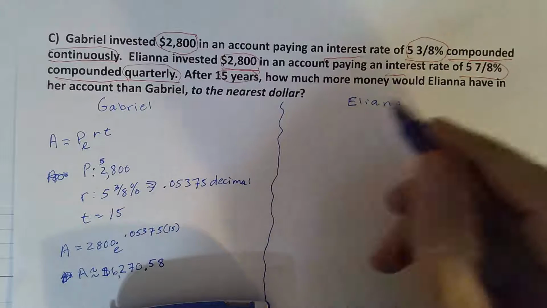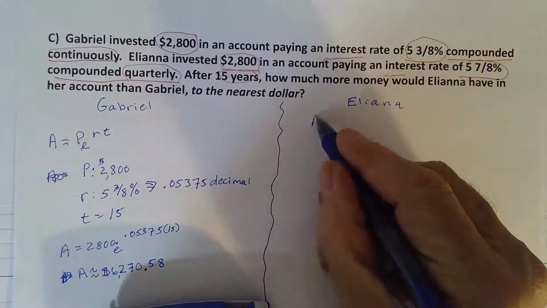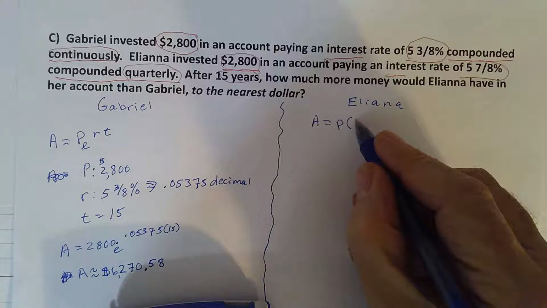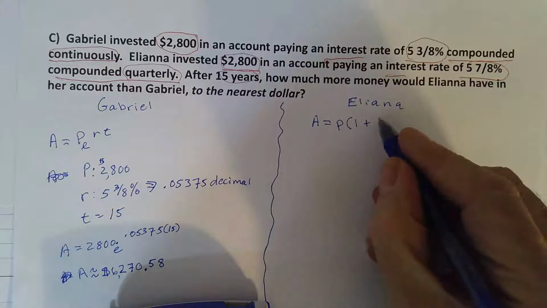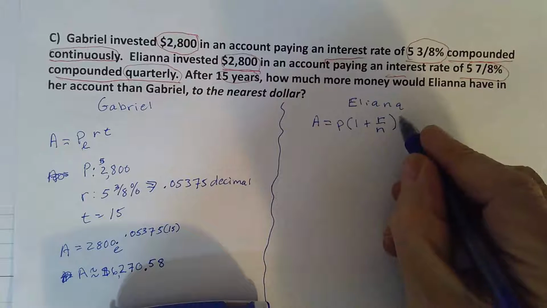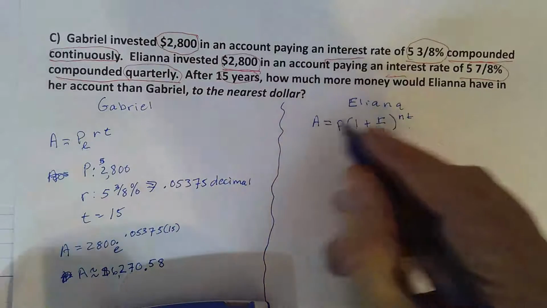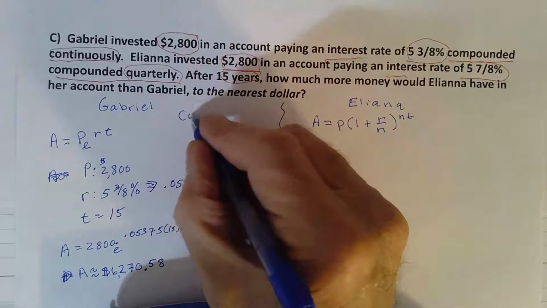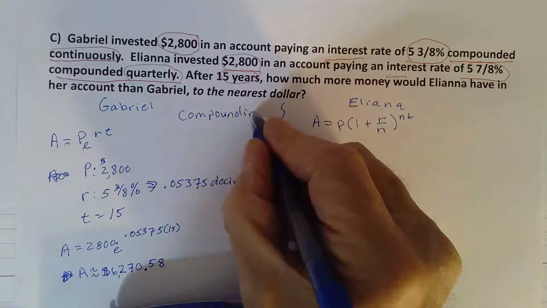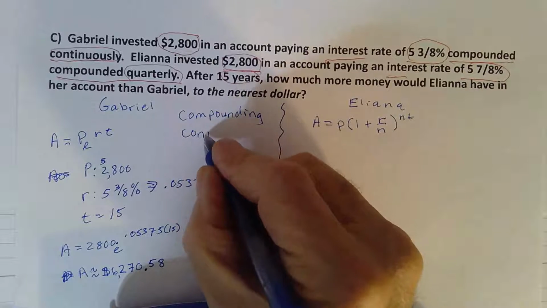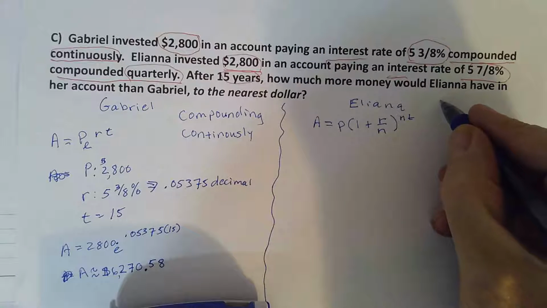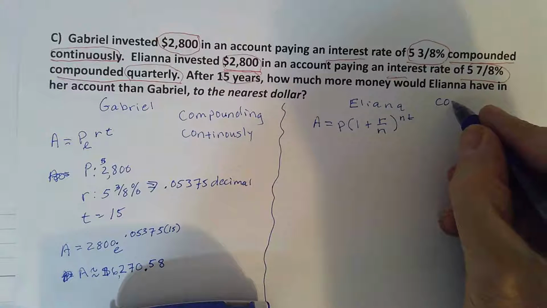The formula is A equals P times 1 plus R over N to the NT. So this one, Gabriel's, was compounded continuously. I'm going to put this over here, compounding continuously. And this is the compounding quarterly formula.